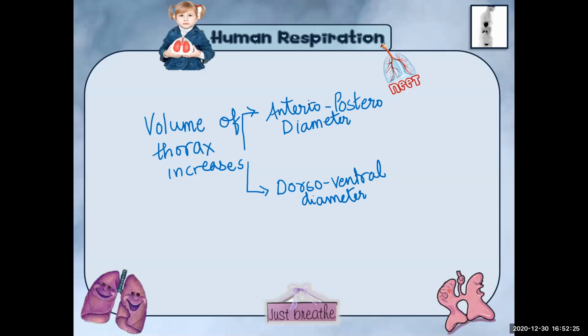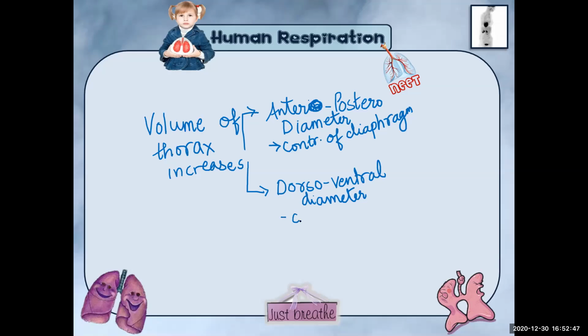एंटेरो पोस्टीरियर या एंटीरियो पोस्टीरियर, एनसीईआरटी में एंटेरो पोस्टीरियर दिया है. Antero-posterior diameter of the thoracic cage is increased because of contraction of diaphragm. Very very important. इसके ऊपर नीट में क्वेश्चंस पूछे जा चुके हैं.